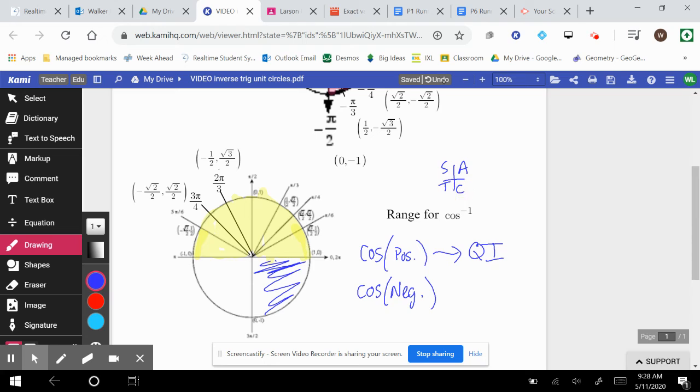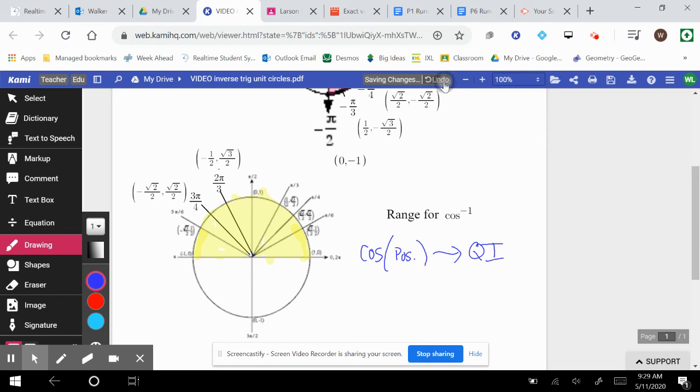All students take calc, cos is positive, so we go to the closest place that cos is negative. From that initial side, on your initial x-axis side, the closest negative quadrant for cosine would be quadrant 2. So that's why you use a different set of quadrants for cosine, because cosine is positive in quadrant 4, unlike the other ones.